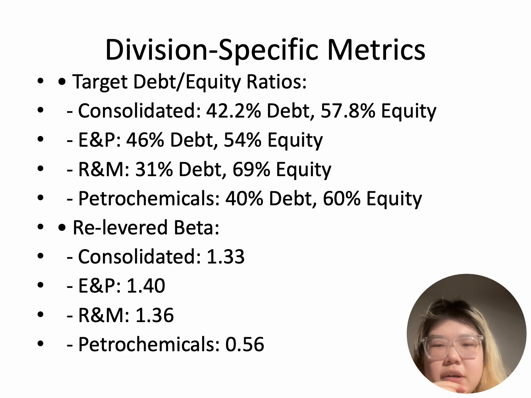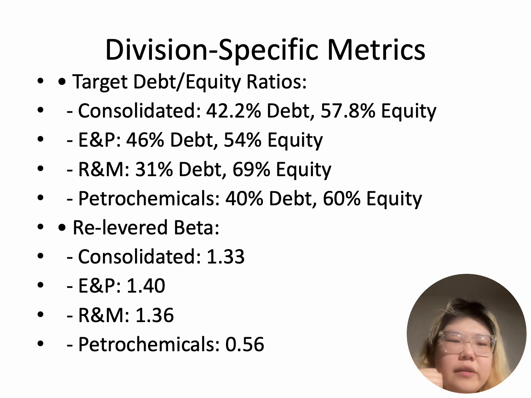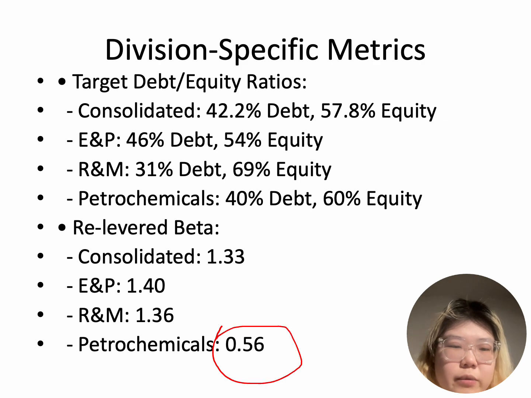For the petrochemical division without direct data, we estimate its unleveraged beta using the target debt to equity ratio. The method is what we used in the previous homework. This approach analyzes its risk profile with its adjusted capital structure. So with these target ratios, we find the leveraged beta, and we got the beta of 0.56.